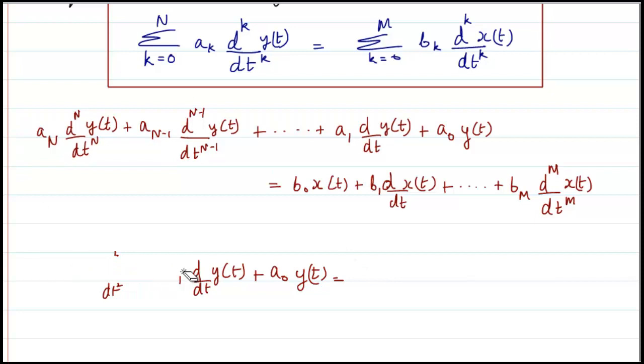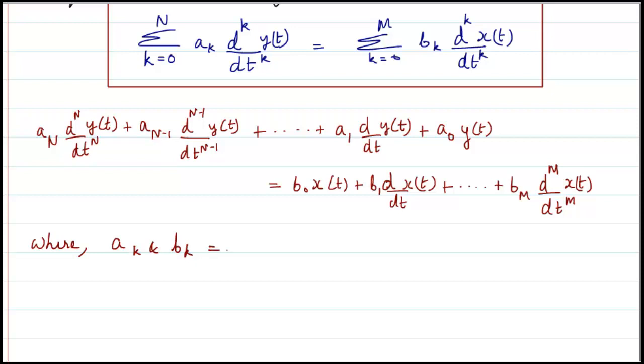So I can write this equation for any order, and in this equation a k and b k are real constants.